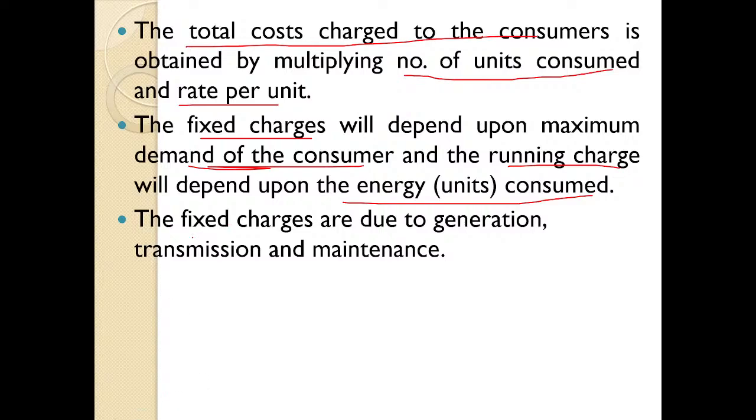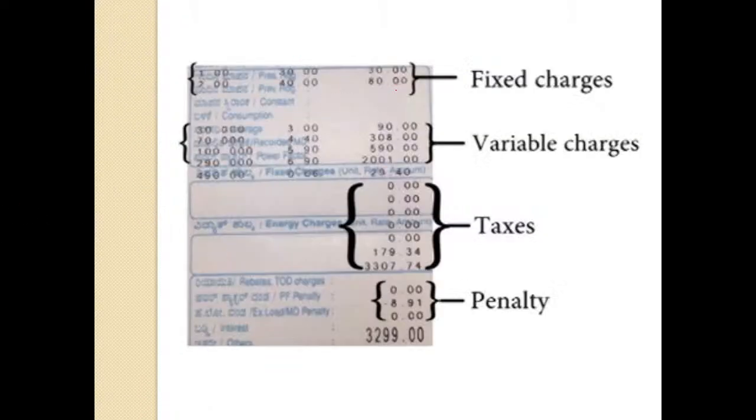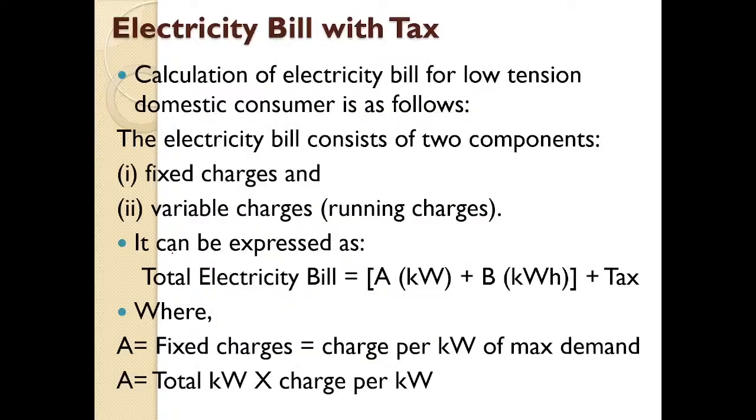This fixed charge is usually due to generation, transmission and maintenance. In our electrical bill, we never notice fixed charge and variable charge, because it is for high demand people, that is for industries, not for our household.